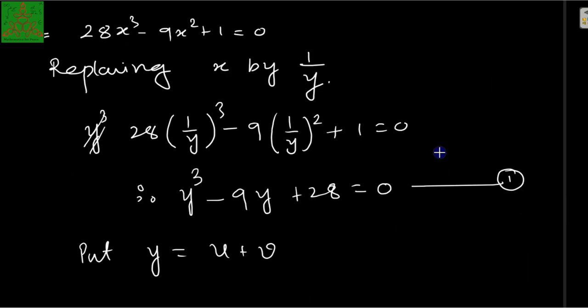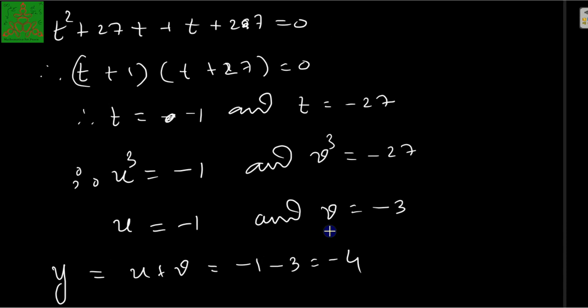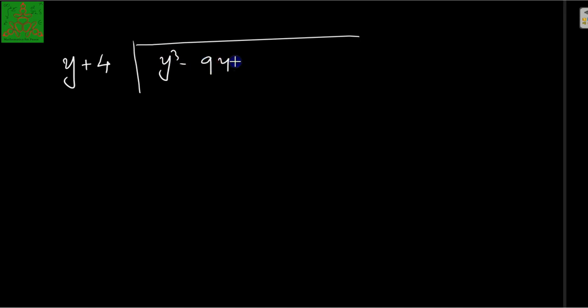Now we'll factorize that by dividing by y plus 4 into that polynomial, because y equal to minus 4 is one of the roots. So if I divide this polynomial by y plus 4, then we will have the other roots.